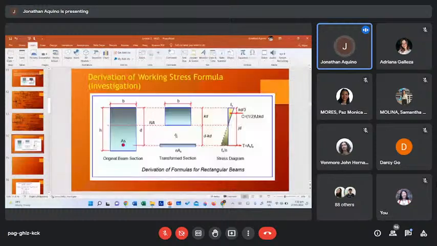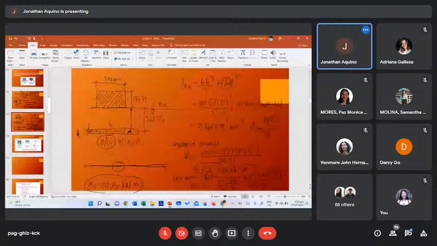But this is only applicable for rectangular section. For other shapes, kailangan bumalik ulit dito sa transform area method. Okay. So for rectangular section, para sa bilis yung analysis natin o pag-solve natin ng capacity ng section.